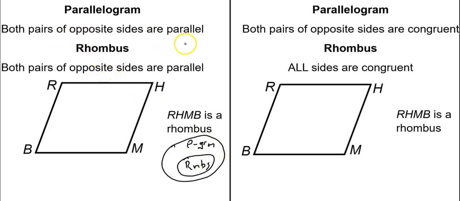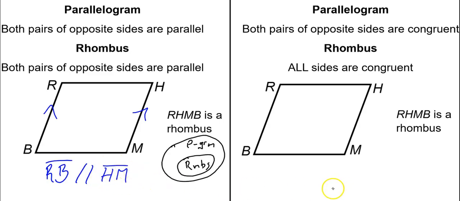So both pairs of opposite sides are parallel for a parallelogram. So that still has to be true for a rhombus. Left is still parallel to right, just like with any parallelogram. So RB is parallel to segment HM.